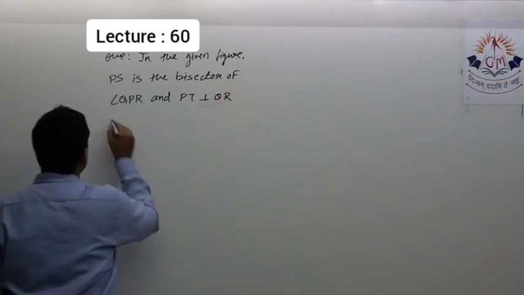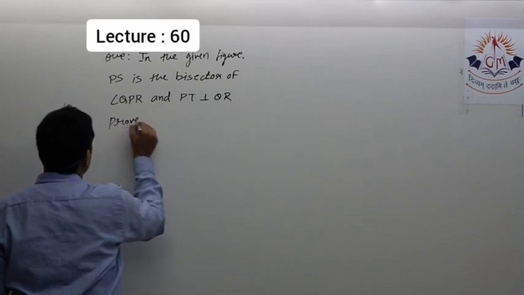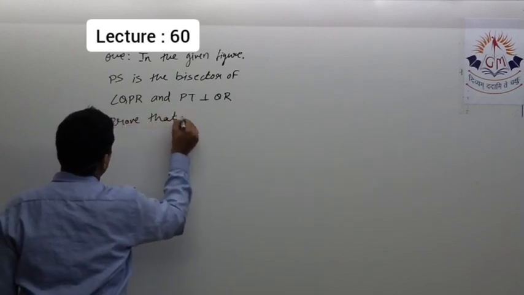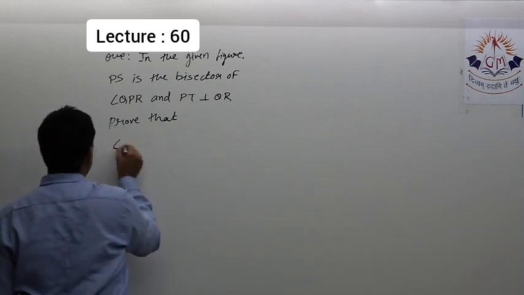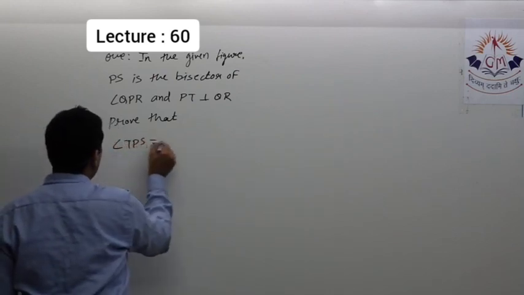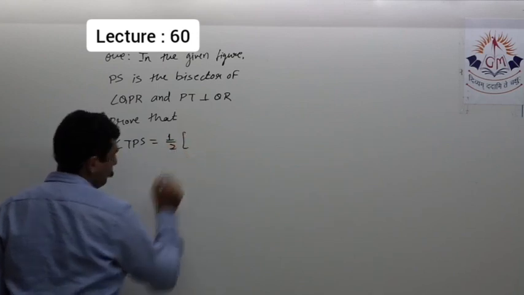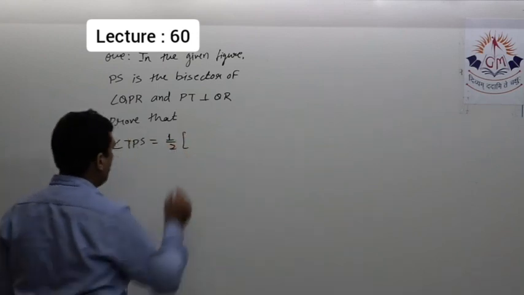Show that or prove that angle TPS is equal to 1 upon 2 of angle Q minus angle R.